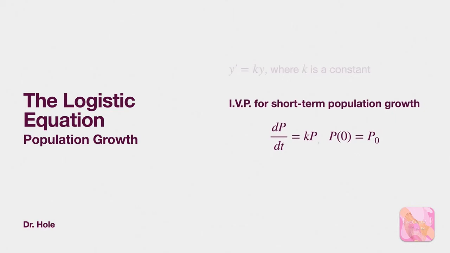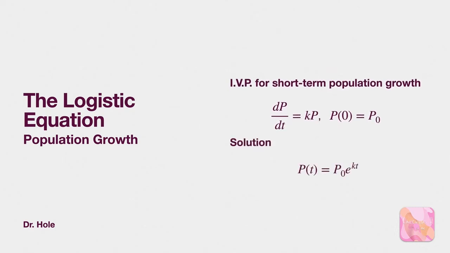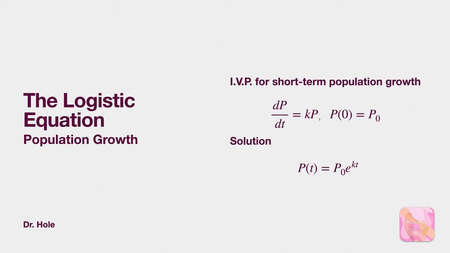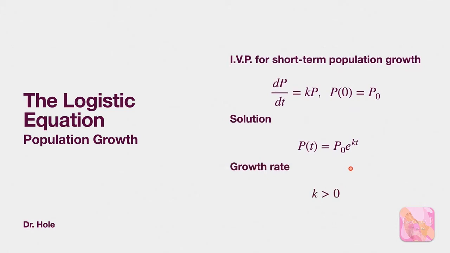Now, if you think back to what the solution looked like, you would have found that the population at any point in time is the initial population scaled by an exponential quantity. The constant k is termed the growth rate.